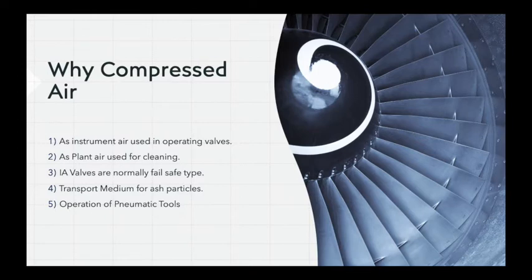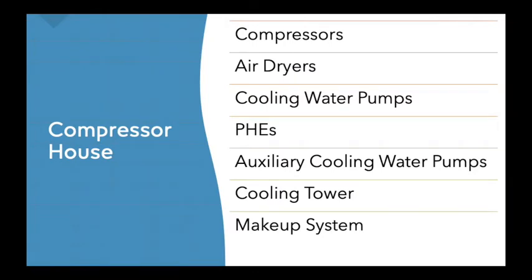Whereas plant air is just compressed air with no consideration of what the dew point is, and we never notice the dew point of plant air. It's just a simple compressed air. But when a simple compressed air is dried in a dryer, at that point of time it becomes instrument air.